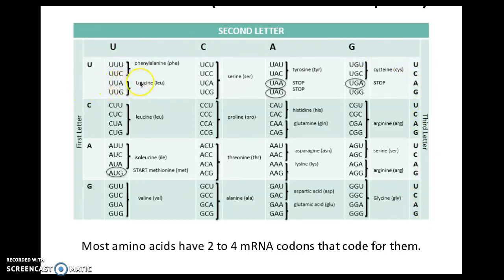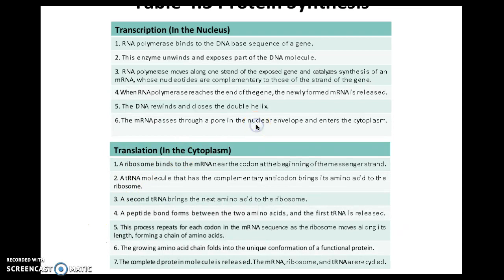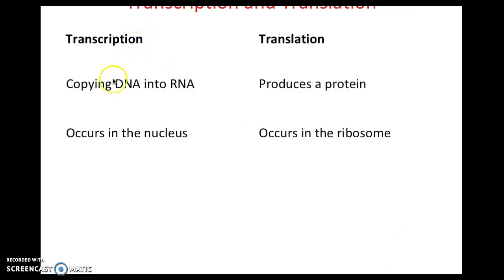So UUA is going to code for leucine. So you can use this chart in order to help you determine the bases that code for different amino acids. Transcription is copying of DNA into RNA. It occurs in the nucleus. Translation is the production of a protein, and it occurs on the ribosome.